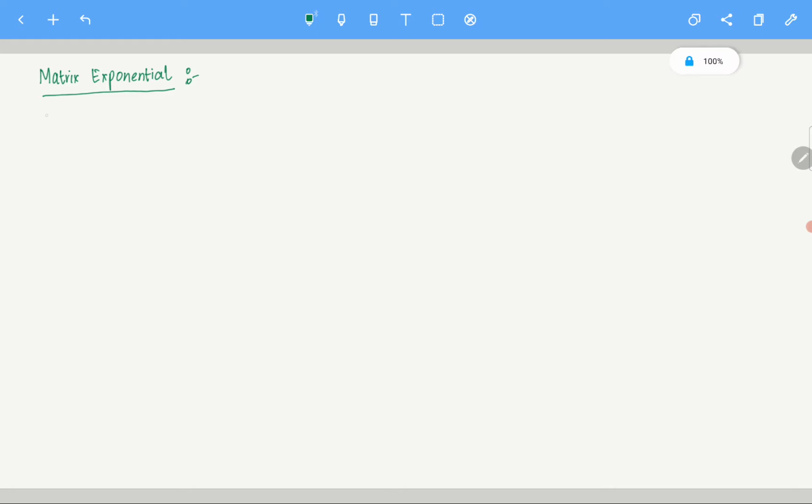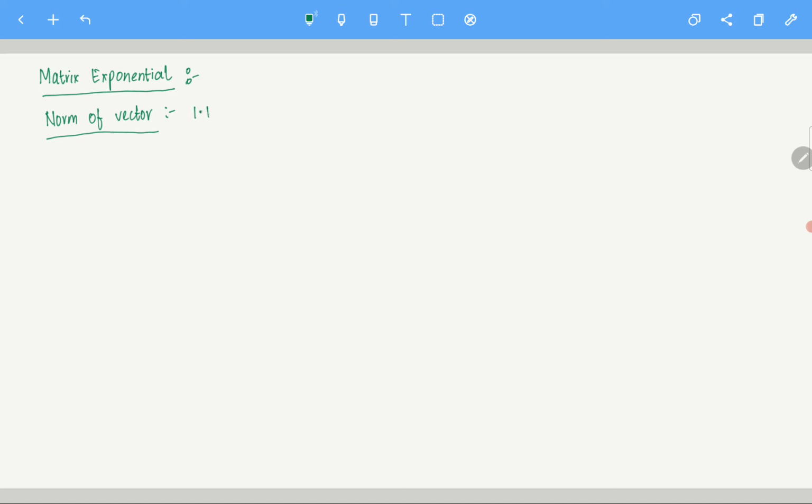So let us recall what a norm is. Norm of a vector. Let us assume that given some vector x in Rn, what do you think the norm is?